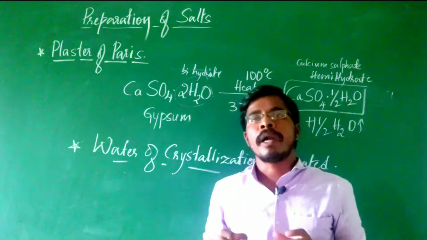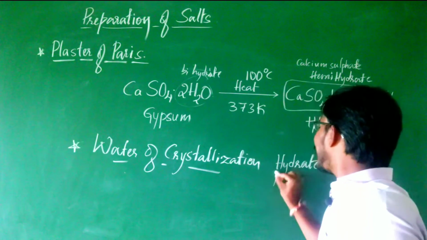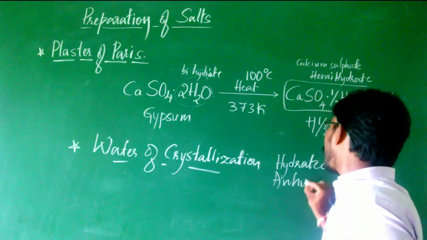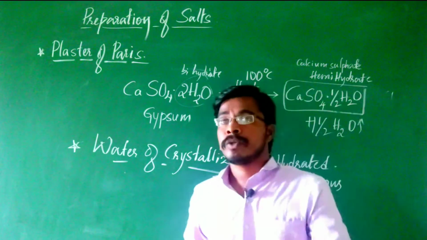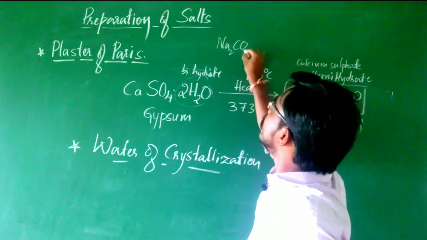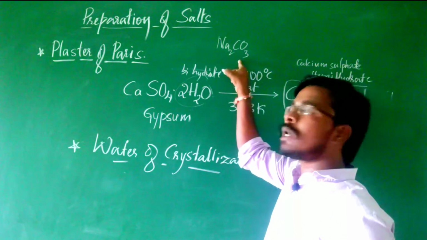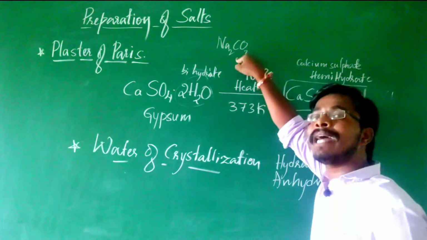And if water molecules are not attached to the salts, then those are called anhydrous salts. When I was talking about sodium chloride, Na2CO3, if it is not attached with water molecules, these types of salts are called anhydrous salts.